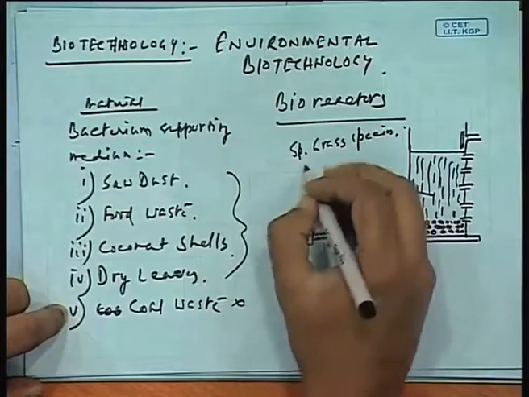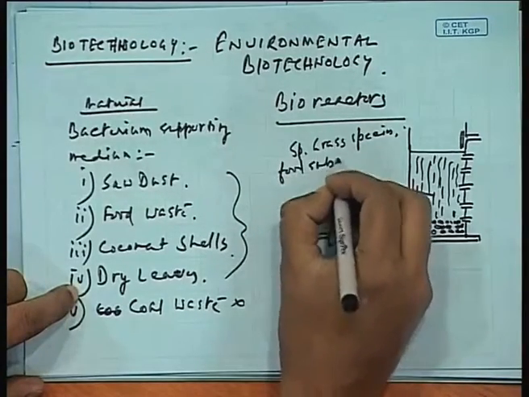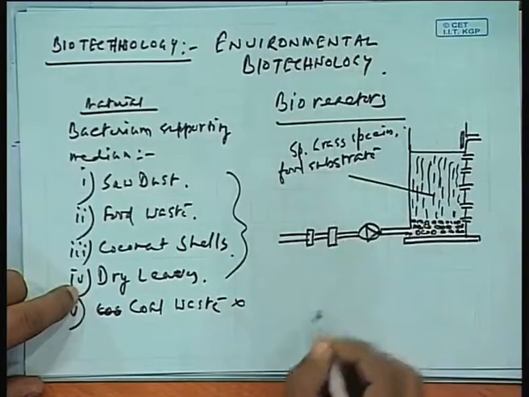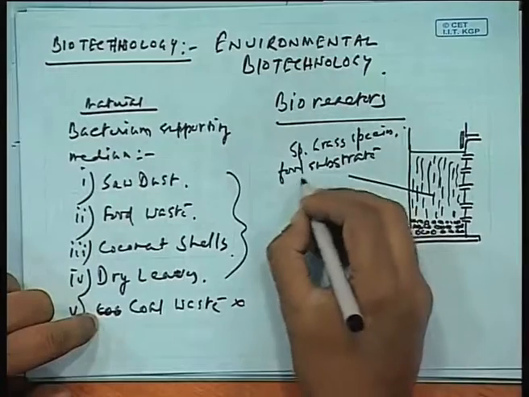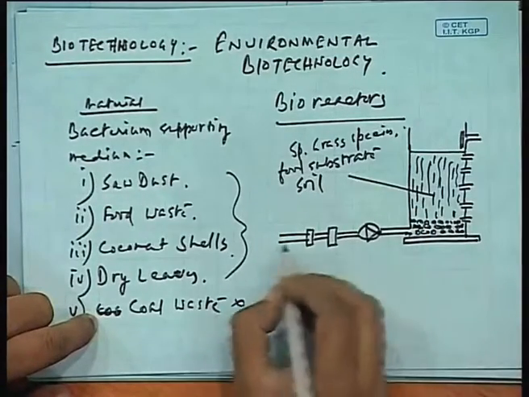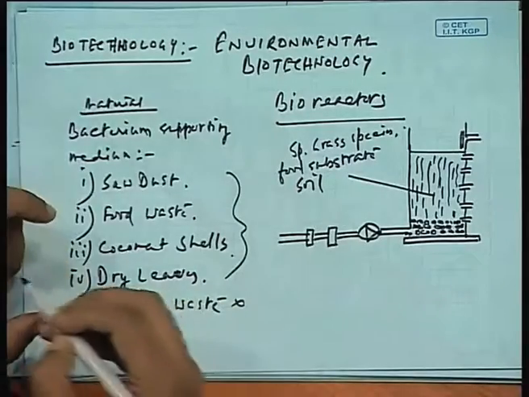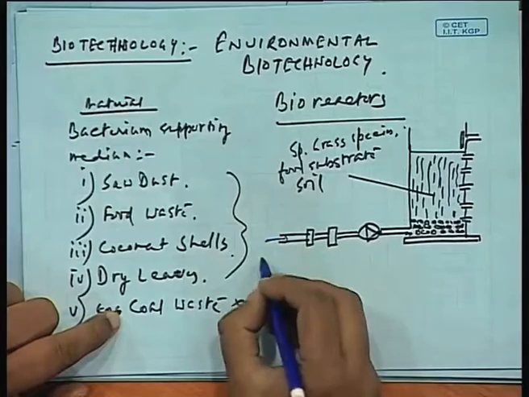Grass species, say food substrate, then say soil. This is what it would be, and it would be connected like this. You see this flow here. This is wastewater, influent wastewater.